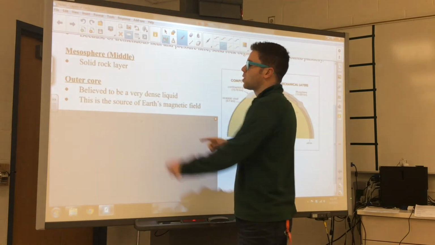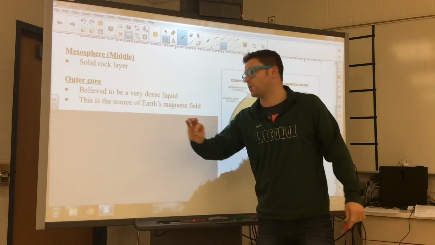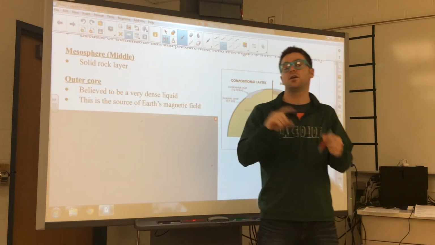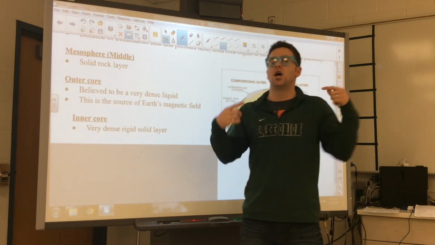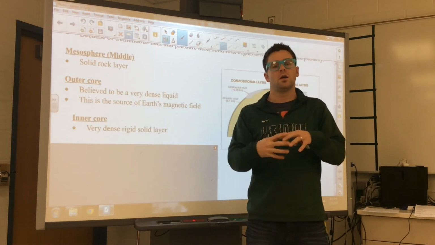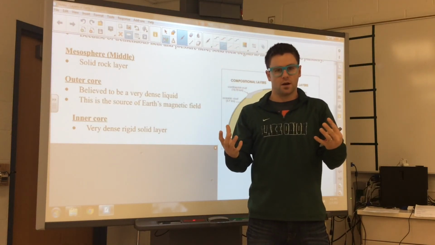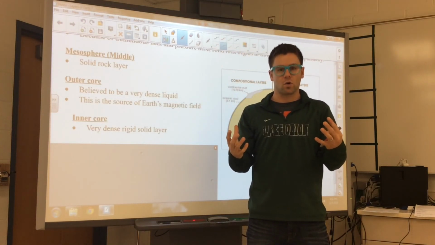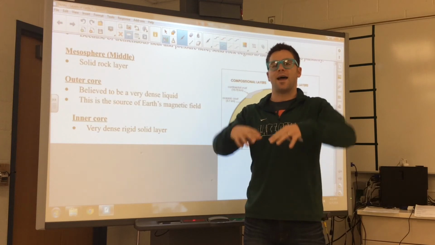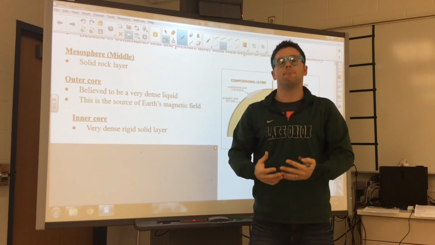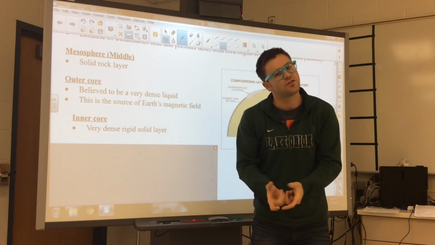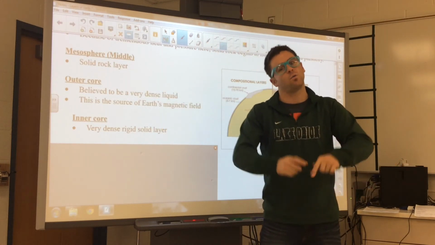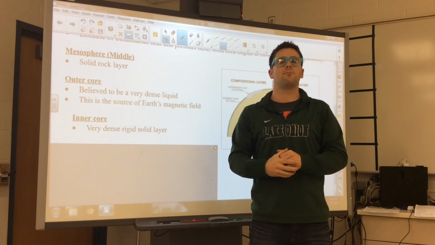And then we've got the outer core, which is believed to be a dense liquid and where Earth's magnetic field is generated from. And then the last one, very dense, rigid core. Solid core surrounded by liquid outer core, right? Nickel and iron. And then that's surrounded by a solid middle layer, the mesosphere, with a liquid asthenosphere layer on the outside of that, where we see majority of our magma and lava.